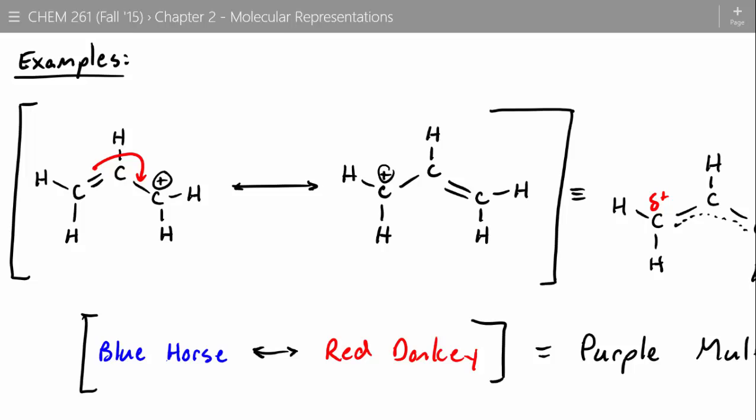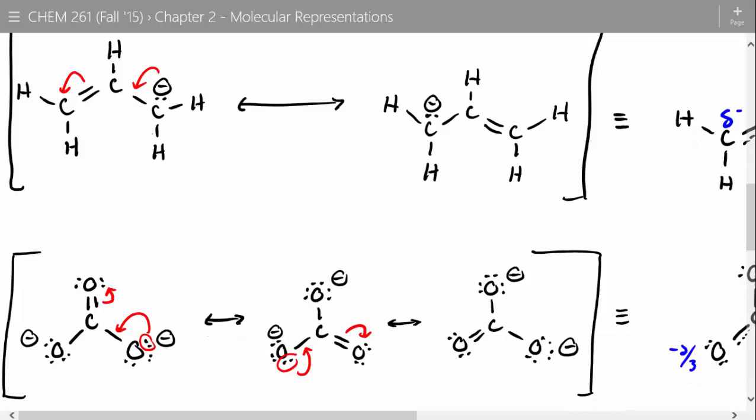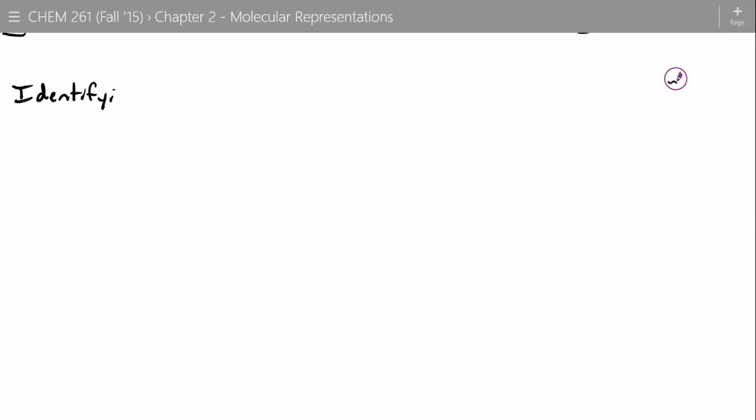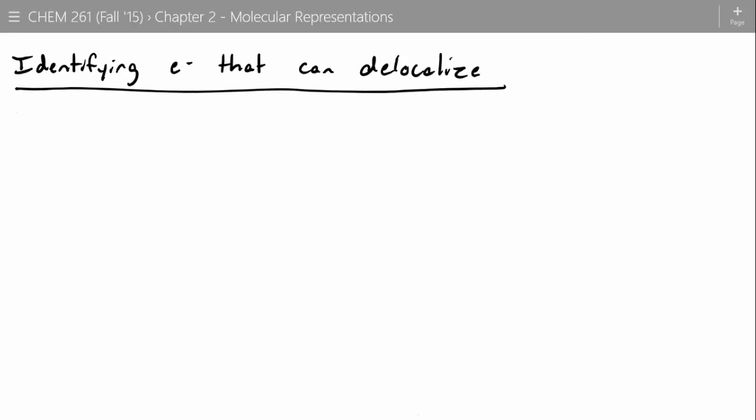All right, so now let's take a look at some more tricky problems, and I'll just lead you through this example. For this next part, we're going to try to focus on identifying electrons that can delocalize.